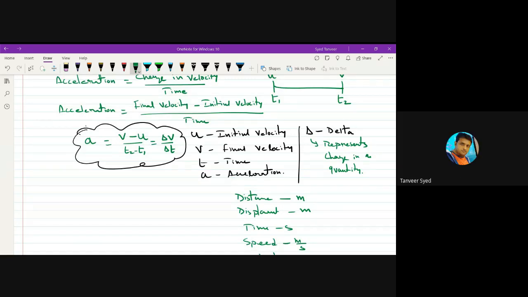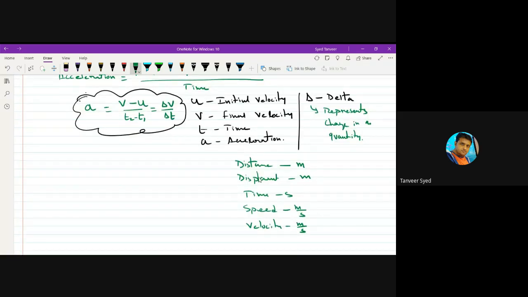If you take the formula for acceleration, acceleration is change in velocity by change in time. Change in velocity is also velocity. Change in time is also time. So ultimately it is velocity by time.